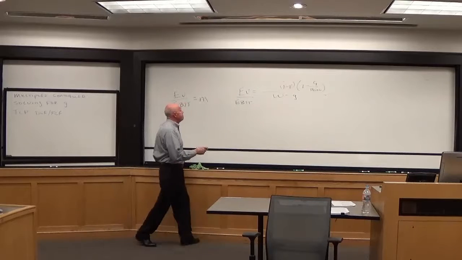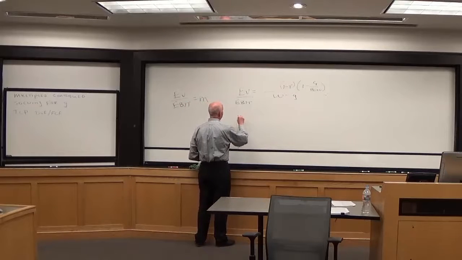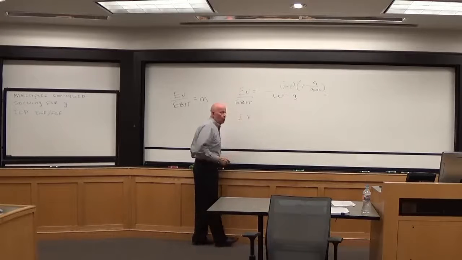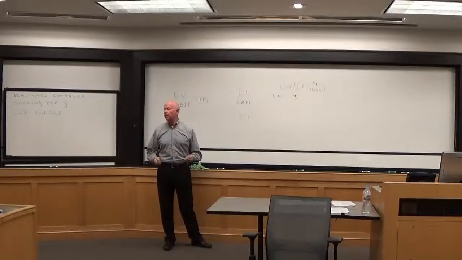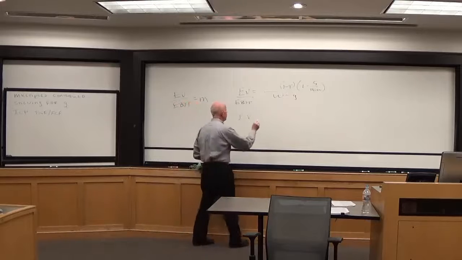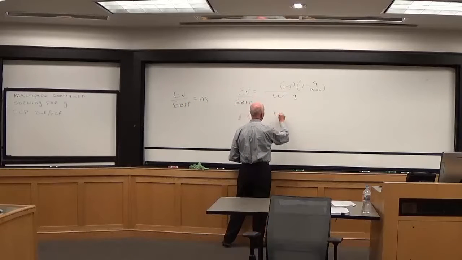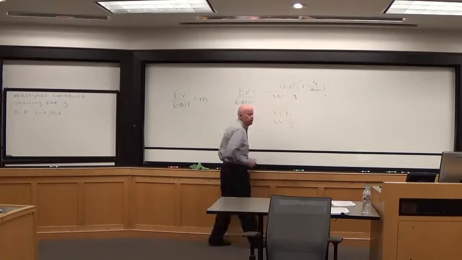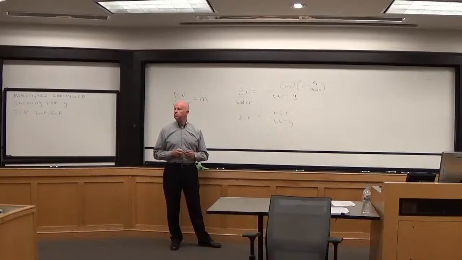Would we agree that some enterprise value that we are calculating, estimating, could be equal to FCF at time 1 divided by WACC minus G? Okay, I would think that's reasonable.